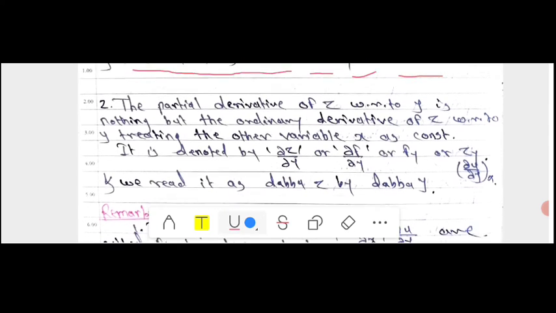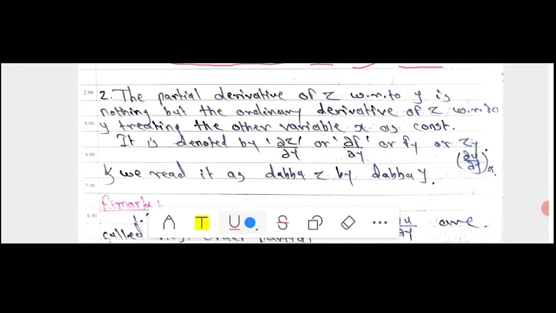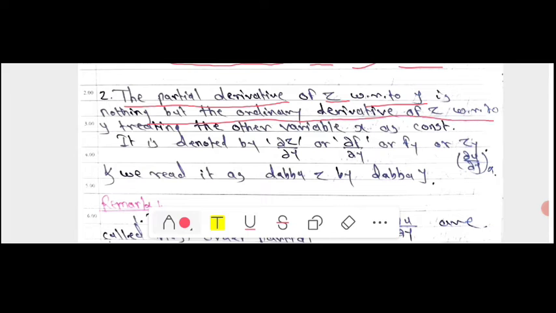Similarly, the partial derivative of z with respect to y is nothing but the ordinary derivative of z with respect to y, treating the other variable, that is x, as a constant.